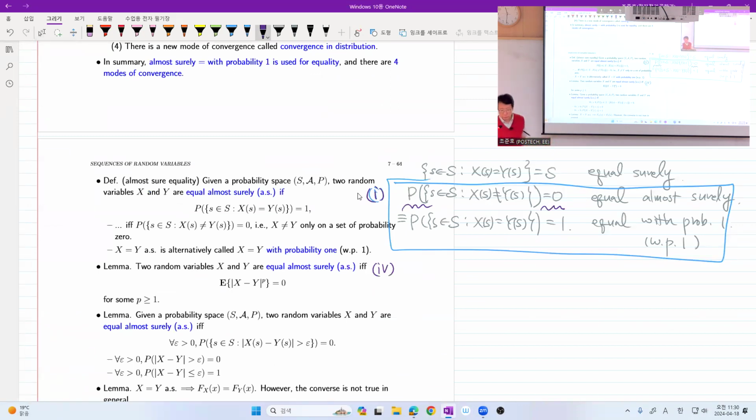Remember one of your exam homework problems. Suppose you have a random number generator, which is uniform on 0, 1. Now you have two functions. The first one is just a deterministic mapping rule, x equals u.